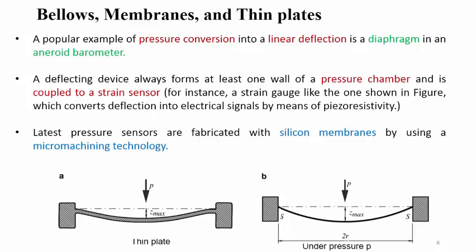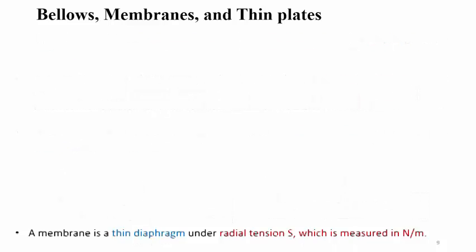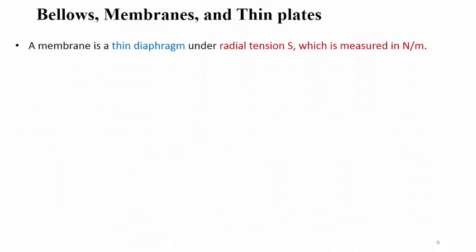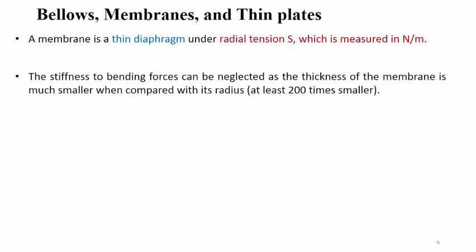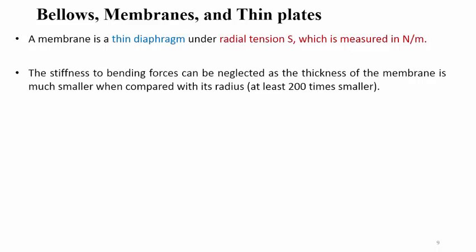In these two figures, figure A shows the thin plate with pressure P and Gmax in the normal condition, and figure B shows the thin plate under the pressure P with Gmax, which indicates the pressure is applied, and the stress capital S. A membrane is a thin diaphragm under radial tension S, which is measured in newtons per meter.